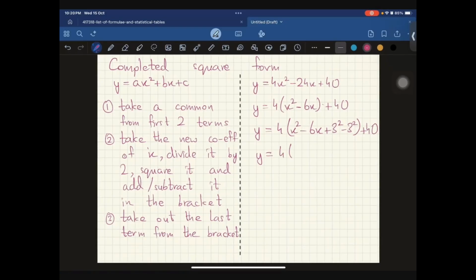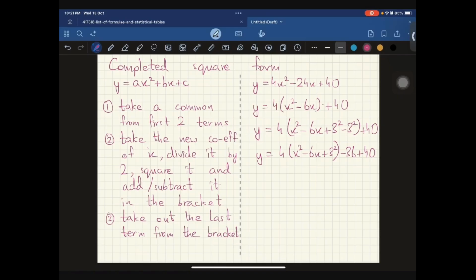To remove something from the bracket, we have to multiply it with what's outside the bracket, which is being multiplied to the bracket. So to remove negative 3 squared, we multiply it with 4. Negative 3 squared is negative 9, and multiplied with 4 that becomes negative 36. Am I correct? Yes. So negative 36 plus 40, that's what we have outside the bracket now.